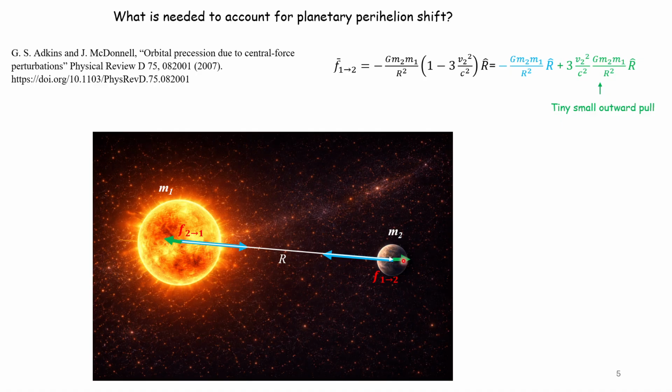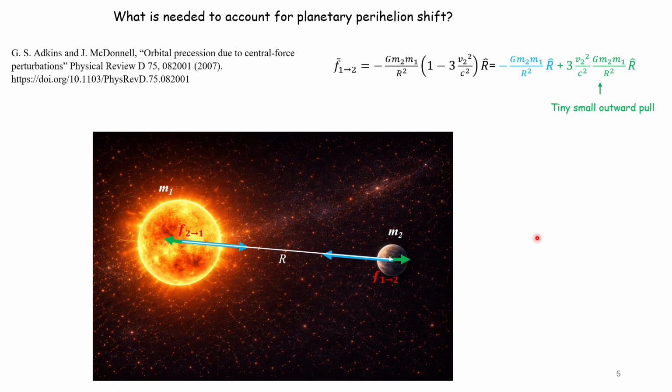This is the total force on Mercury in the interaction with object number one, which is the Sun. There is a force on the Sun too, due to Newton's third law. So it is given here. And that is very important for our analysis.